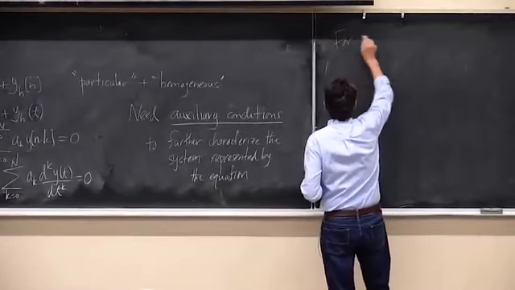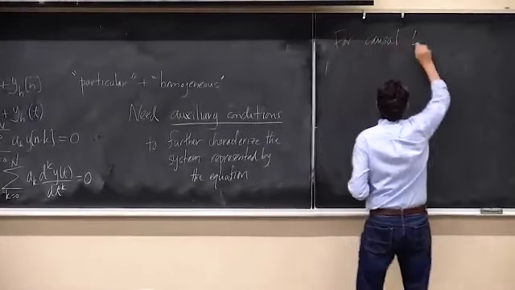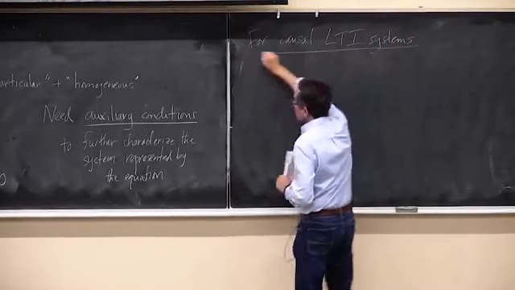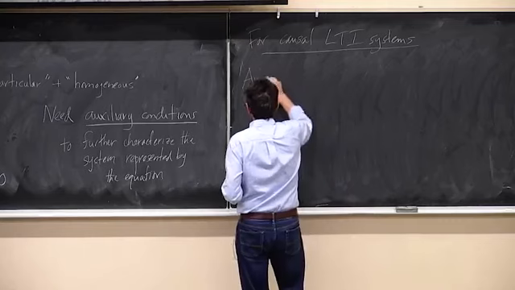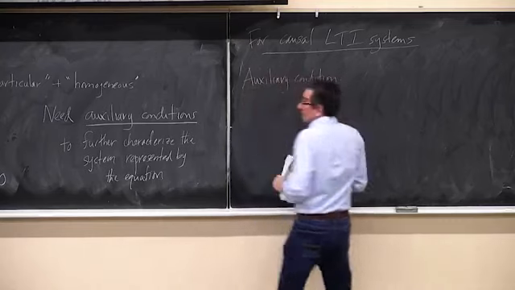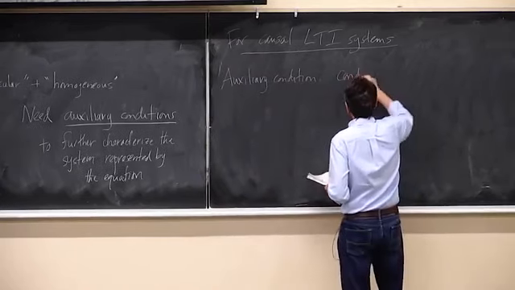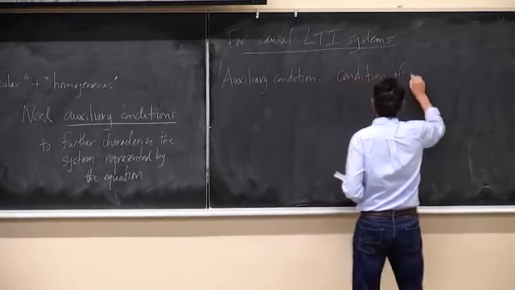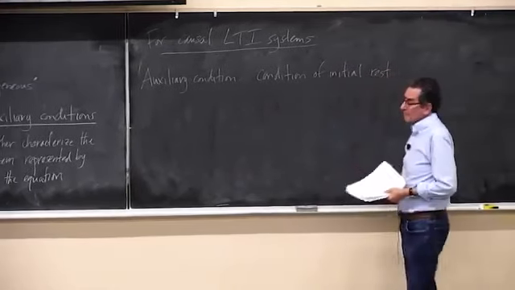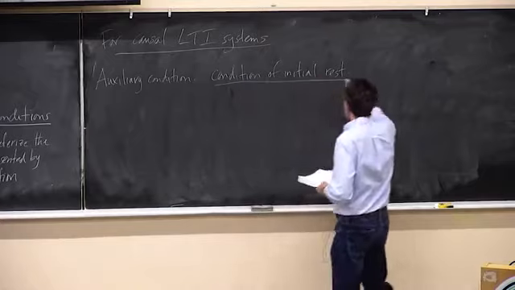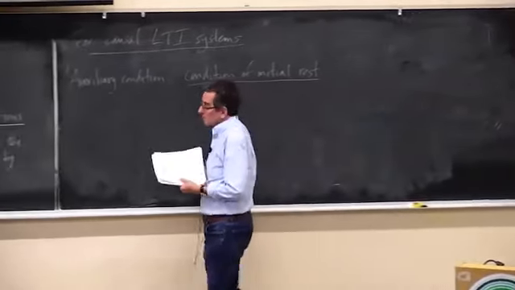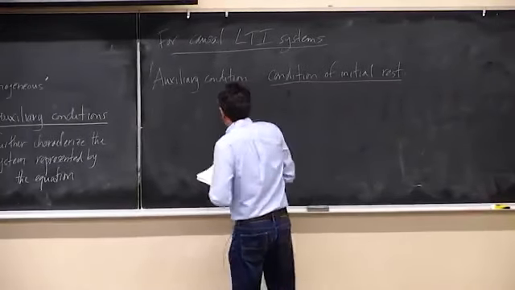So when the system is causal and LTI, the auxiliary condition that we use is what's called the condition of initial rest. It captures causality, and specifically time invariance as well as linearity.